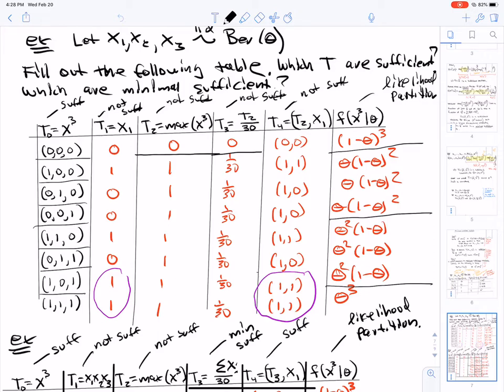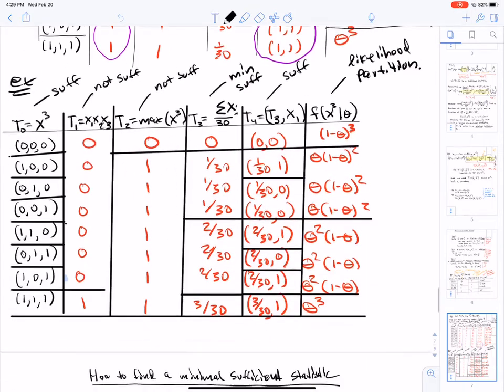Similarly for T4, so T4 is not sufficient, and furthermore T2 and T3 are also not sufficient for the same reason. For example, 101 and 111 are equivalent under T2, but not equivalent under the likelihood partition.